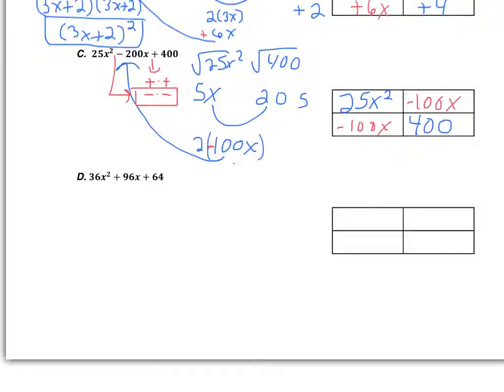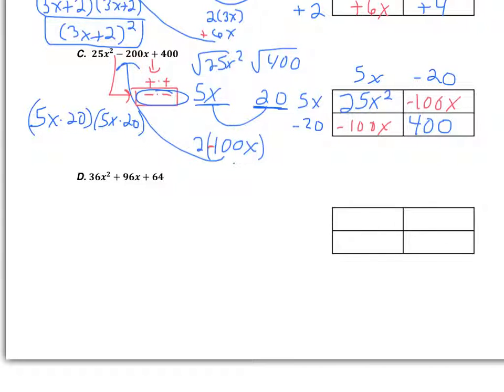On the top I have 5x, and then I have minus 20, and then I have 5x and minus 20. Because here I have 5x, here I have 20, and we decided that they were both negative. So that's why I get 5x minus 20. So 5x minus 20, 5x minus 20. And to write that as a perfect square, I put squared.